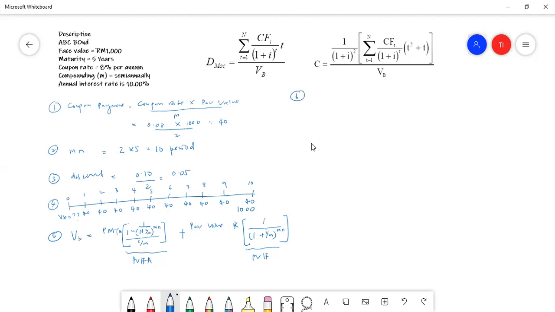Now, step 6, we want to substitute all information into the formula. So the bond value, payment is equal to 40 multiplied by 1 minus 1 plus 0.05 to the power of minus 10, divided by 0.05, plus 1000 multiplied by 1 plus 0.05 to the power of minus 10.